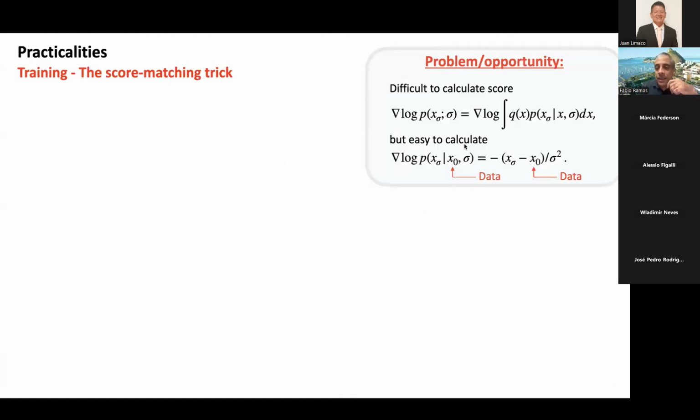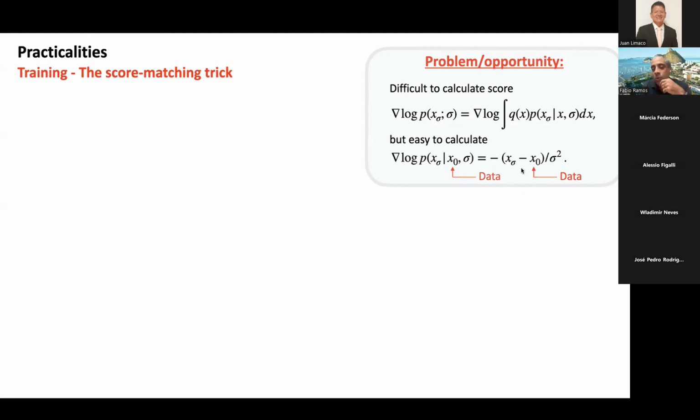But it's difficult to calculate the score of the marginal probability of this diffusion model. What is easy is to calculate the score of the conditional distribution if you know the original data. So the score given x0, if I know that it's a diffusion of my Chihuahua, then I can calculate the score, because it's just the normal distribution and the grad of the log is just this.